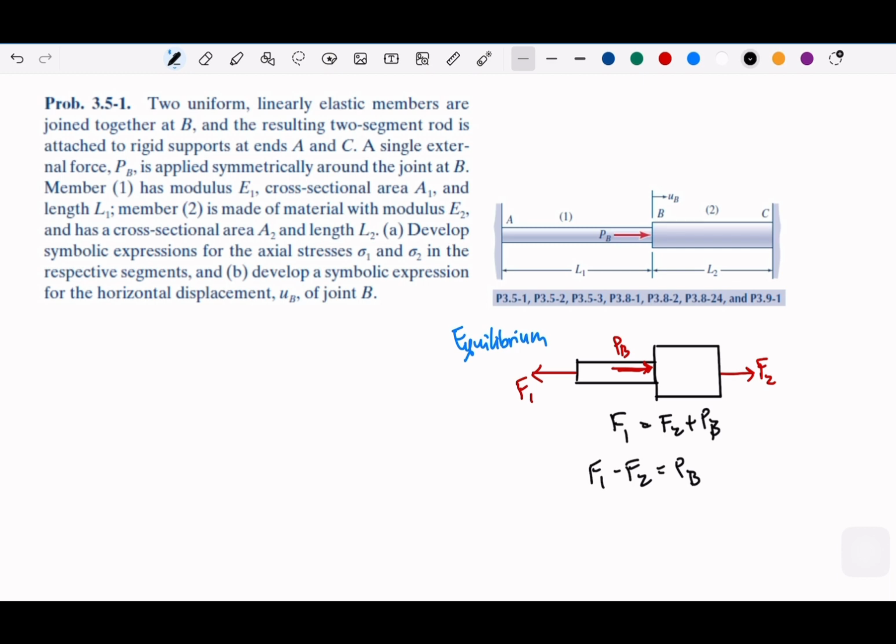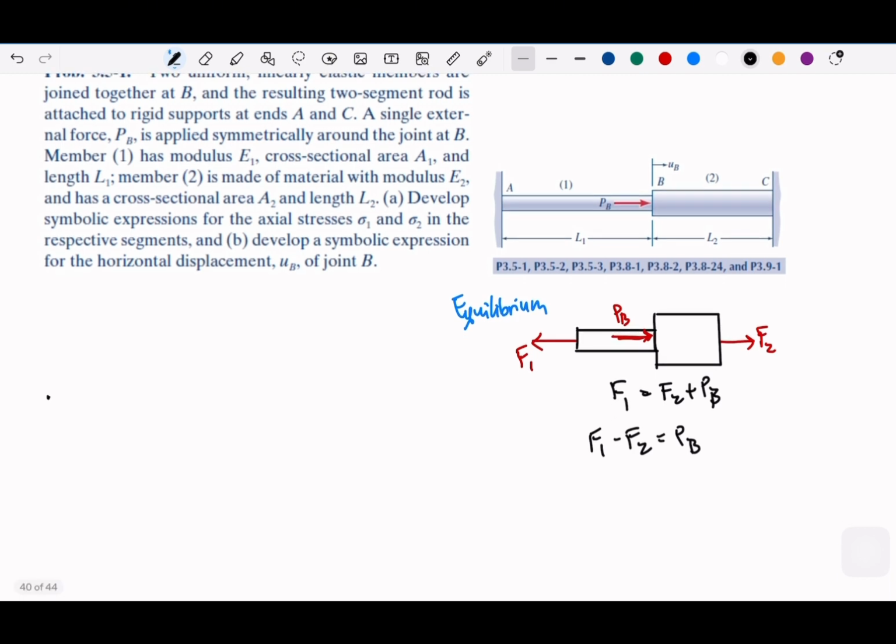Next part is we can state the elongation formula, delta equals FL over AE. And then another assumption, or we call it the compatibility equation. We take the elongation for element 1 plus elongation 2, and this will be 0.